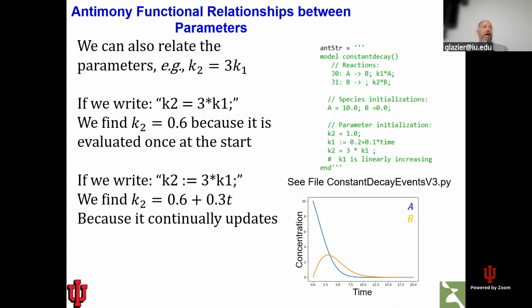People will expect, if you write K2 equals 3 times scale, K3 equals 4 times scale, K5 equals 10 times scale, and then I say r dot scale equals something in Python, you'd expect all of your parameter values to change according to scale. They don't. You have to use the colon equals. So that's a little bit of a trap.